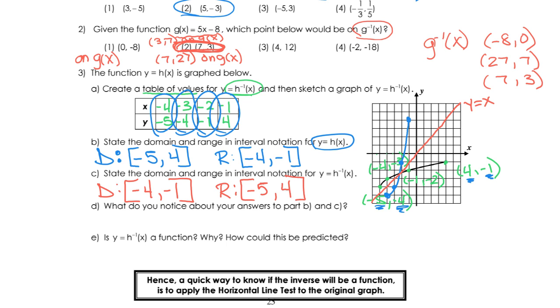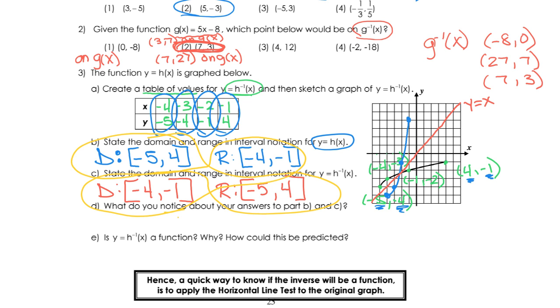And I don't know if you notice, but remember that in an inverse, not only do x and y switch, or the input and the output switch, but because the x's are the domain and the y's are the range, the domain and the range switch. So I could have been done with this a long time ago, had I realized that it's just a switching of the domain and the range for the inverses.